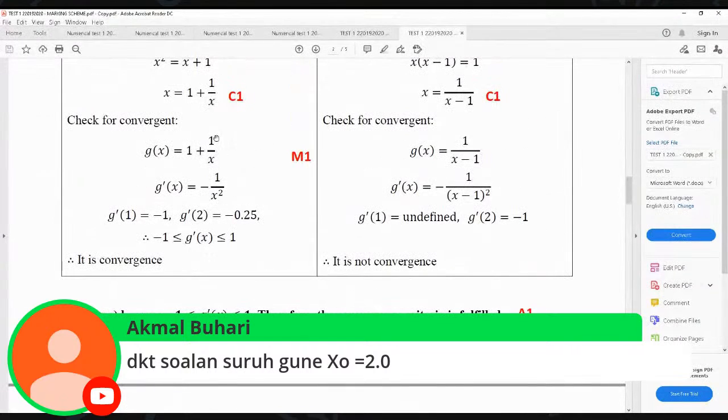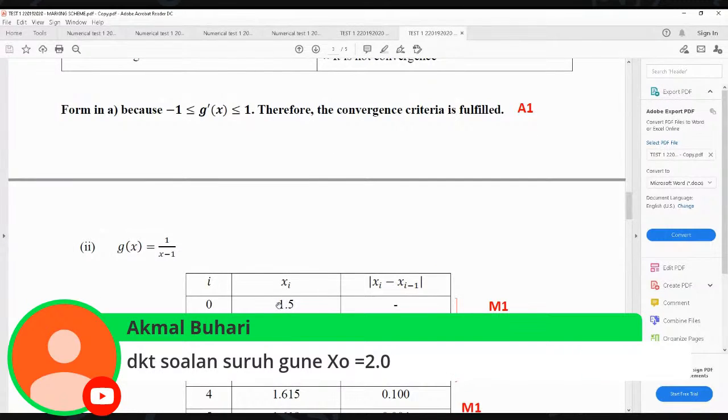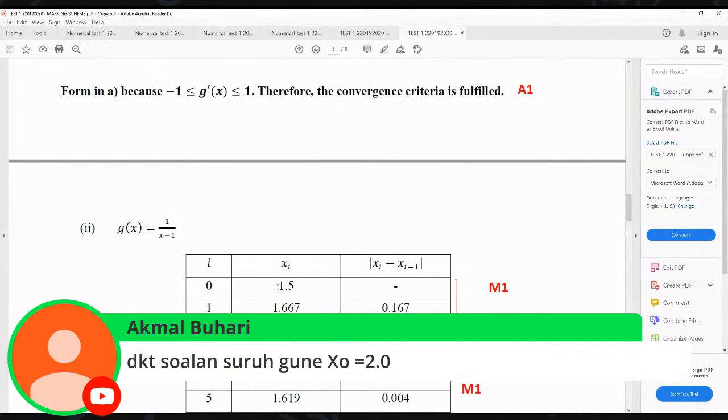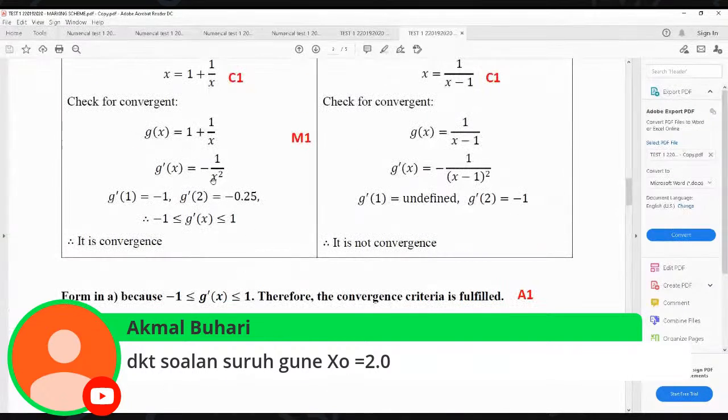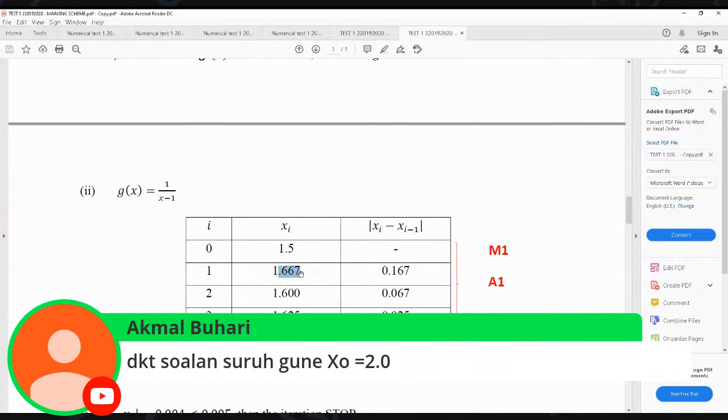This one actually, our G is this one. This one is converged: 1 plus 1 divided by 2, which is 0.5. So your answer is 1.5. Understood? Then 1 plus 1 over 1.5, the answer is 1.667.